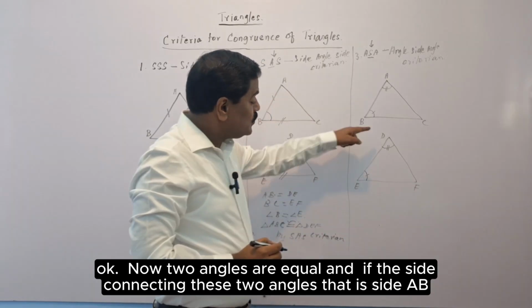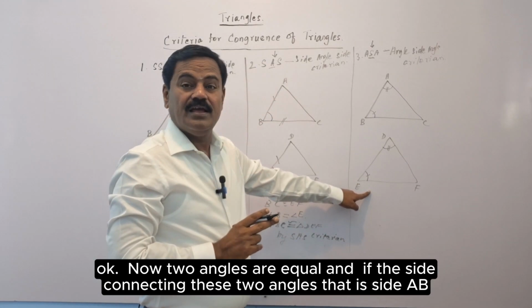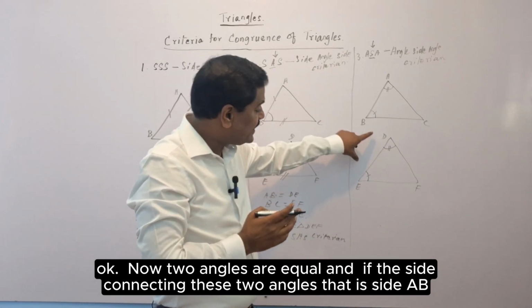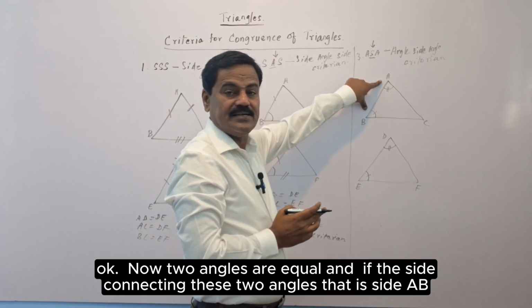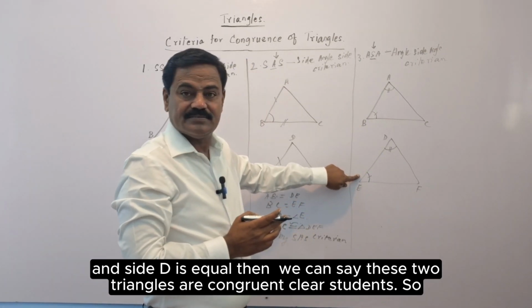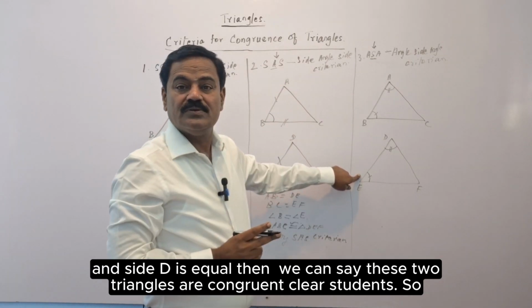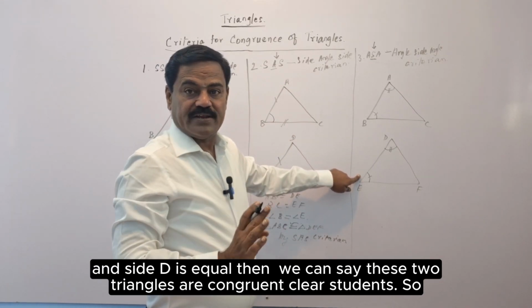Now two angles are equal and if the side connecting these two angles, that is side AB and side DE, is equal, then we can say these two triangles are congruent.